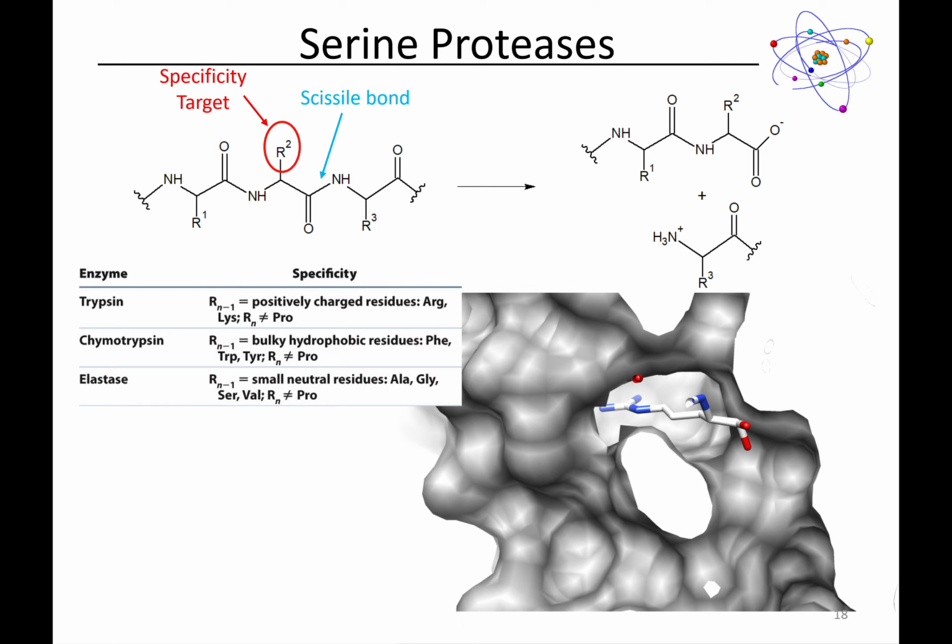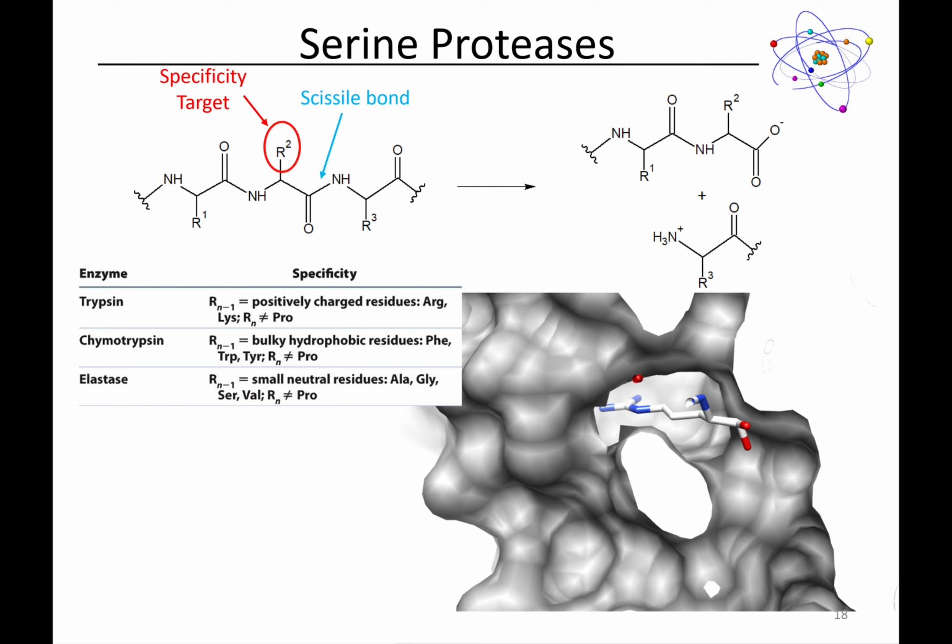All right, but how do they do it, right? What I'm trying to show here is the actual surface rendering of the enzyme trypsin. What you see is that there's this big groove where this R2, the specificity target pocket, is. This big groove allows long chains to get in there, and at the end of that groove is going to be a bunch of negative charge.